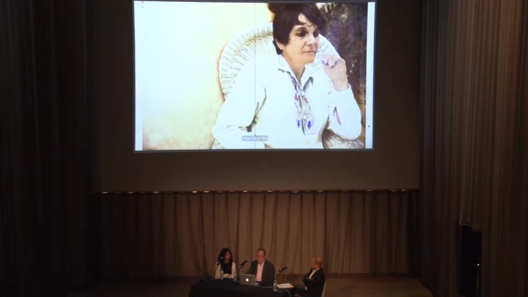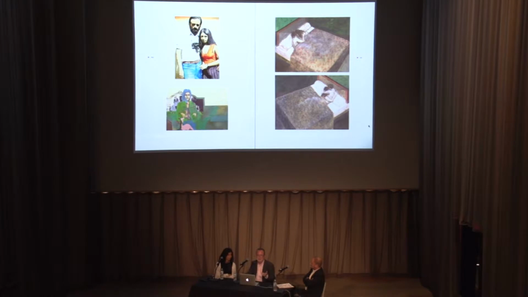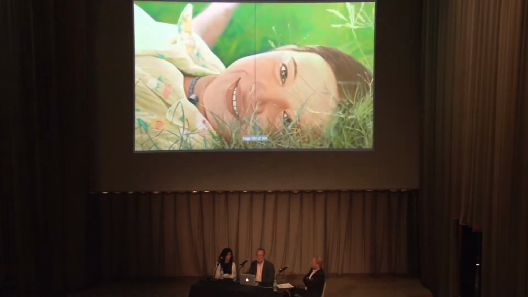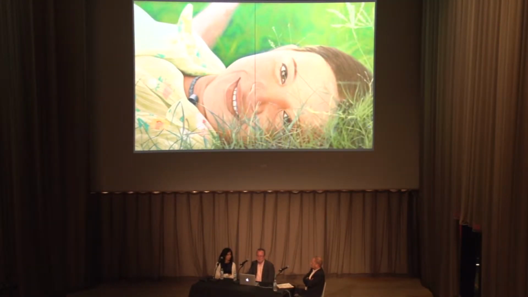So this is my work. In the 70s I used to be a photorealist painter, and this is the most recognizable painting in the National Museum collection. Well, it's All You Need Is Love.